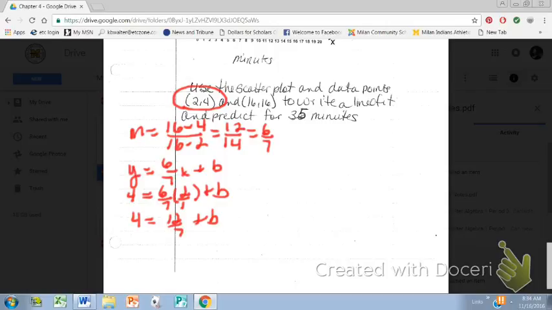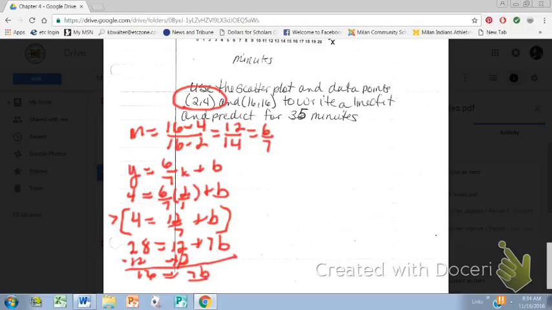To solve this, I'm going to kill the fraction to make it a little easier, so I'm going to multiply everything times 7. 28 equals 12 plus 7b. Subtract 12. 16 equals 7b, and divide by 7. So my y-intercept is 16/7.